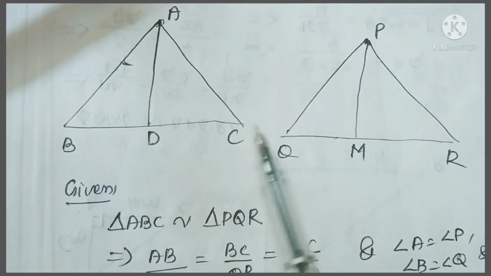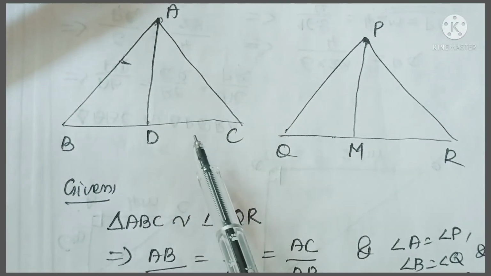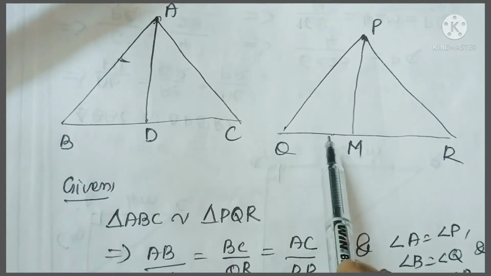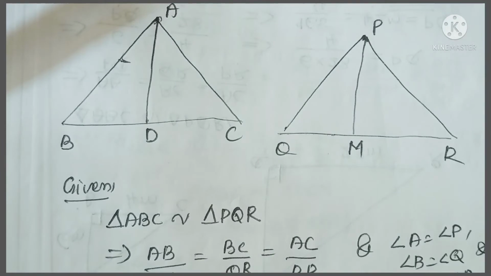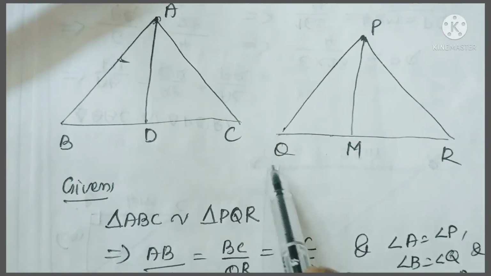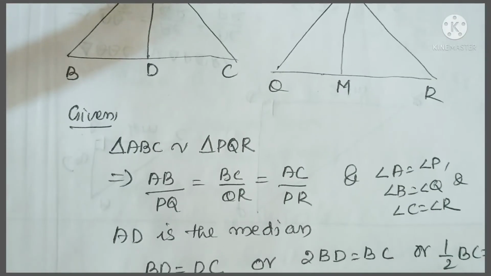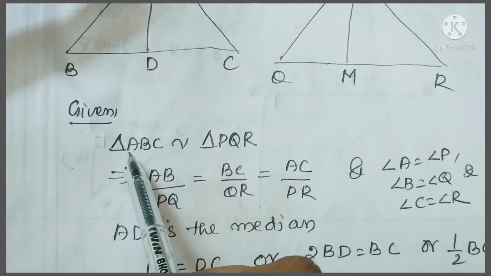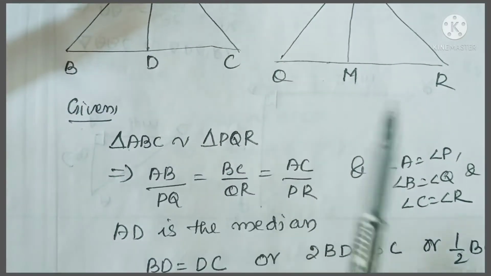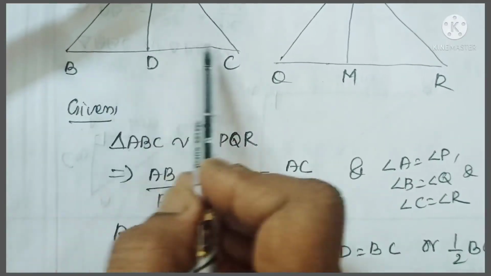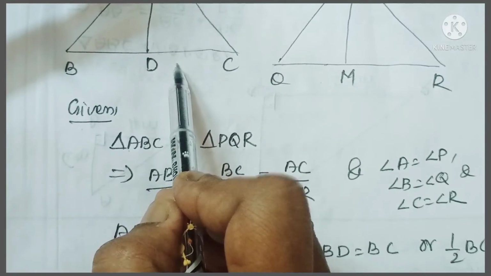Then the 16th one. If AD and PM are medians of triangle ABC and PQR respectively, where triangle ABC is similar to triangle PQR. So here two conditions are given: triangle ABC similar to triangle PQR, and medians. Median means it divides the opposite side into equal parts.